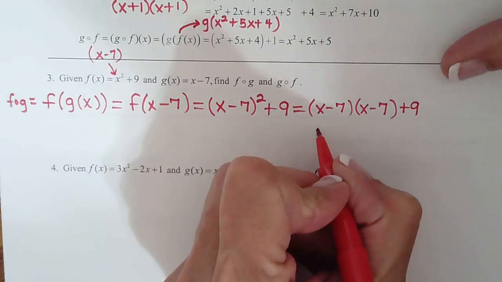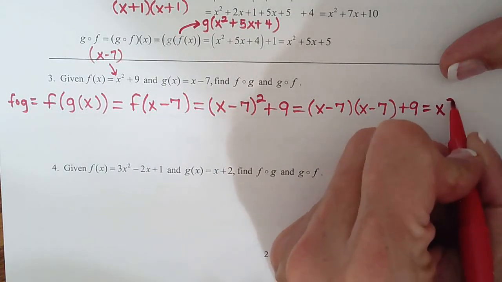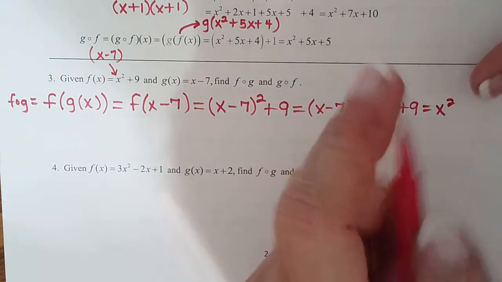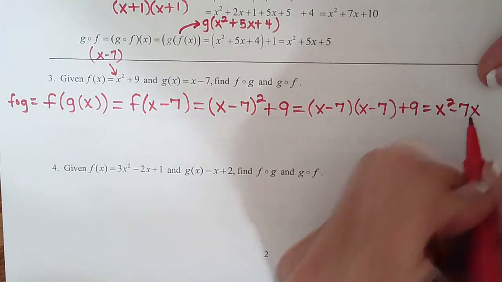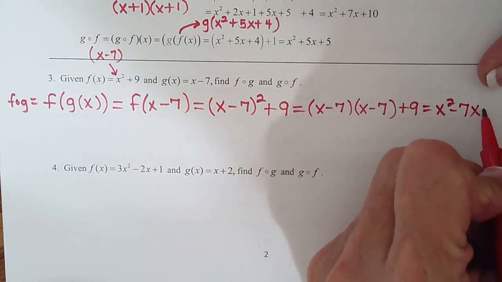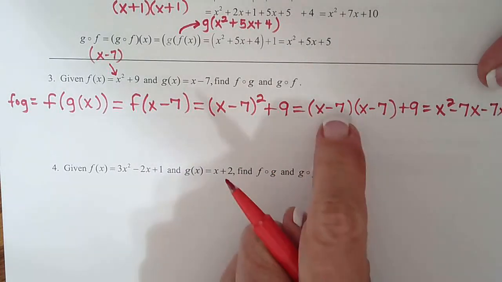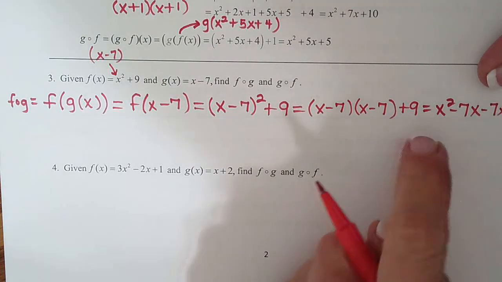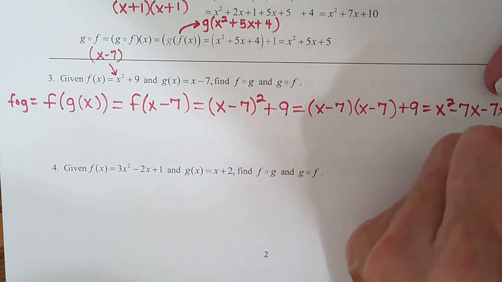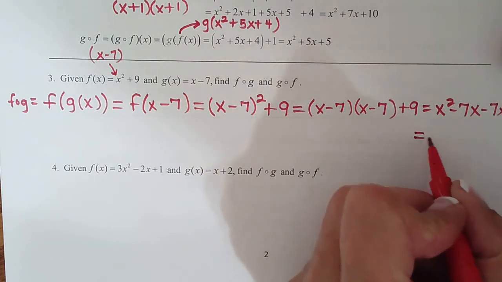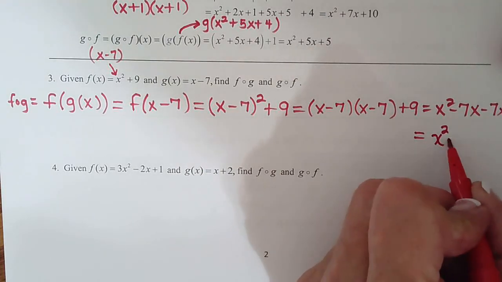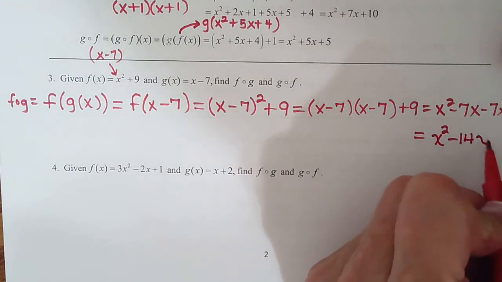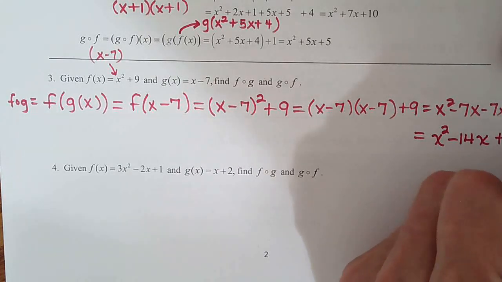So that turns into x squared from f, outer minus 7x, inner minus 7x, last plus 49, and then plus 9. So that answer is going to be x squared minus 14x plus 58.